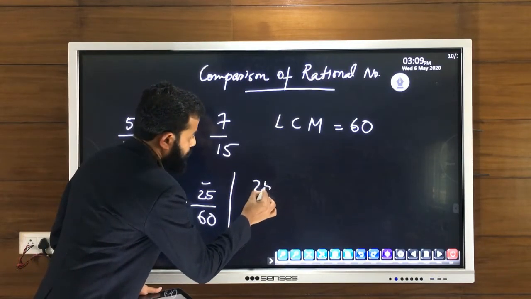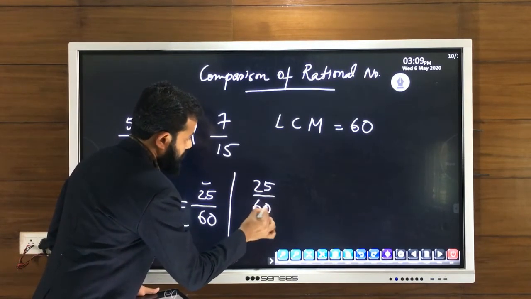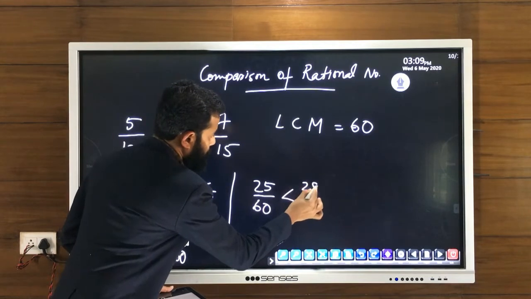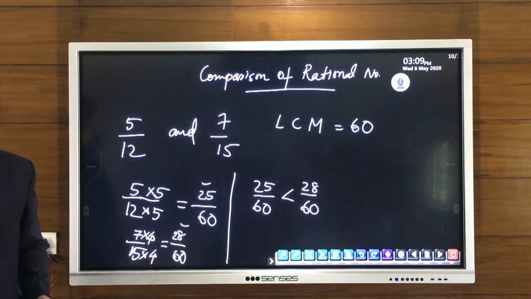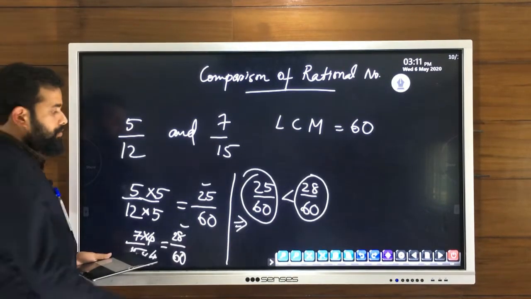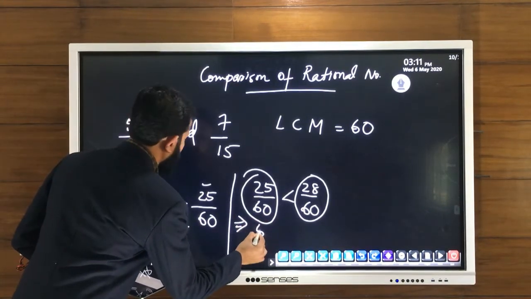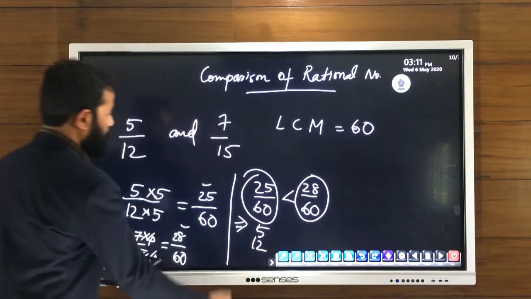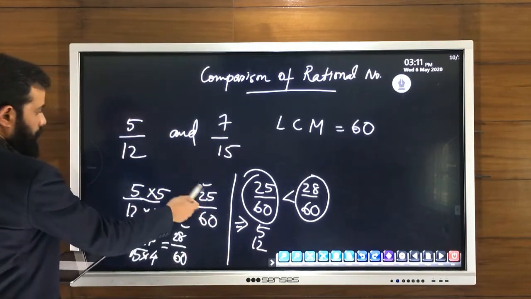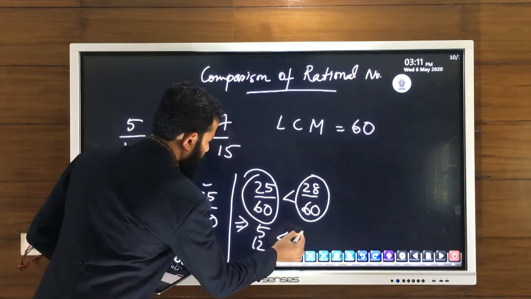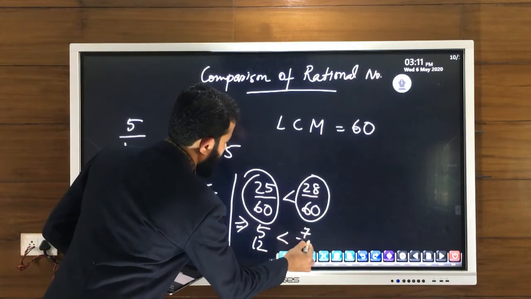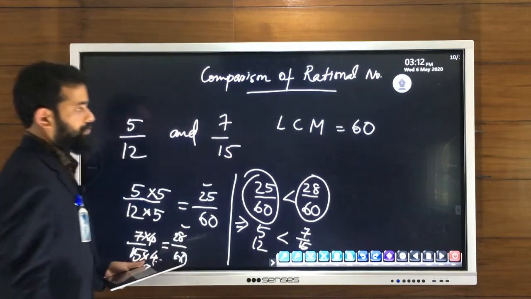So here we can write 25 by 60 is less than 28 divided by 60. Therefore, 5 by 12, which after changing becomes 25 by 60, is less than 7 divided by 15.